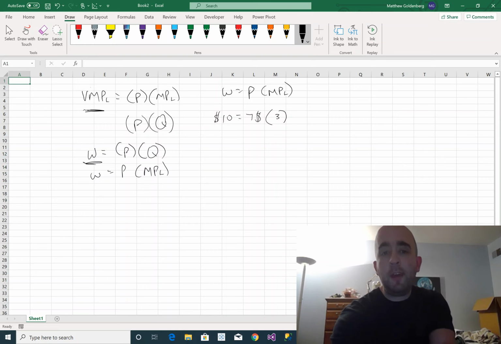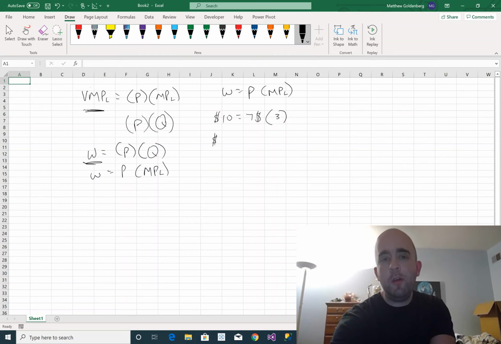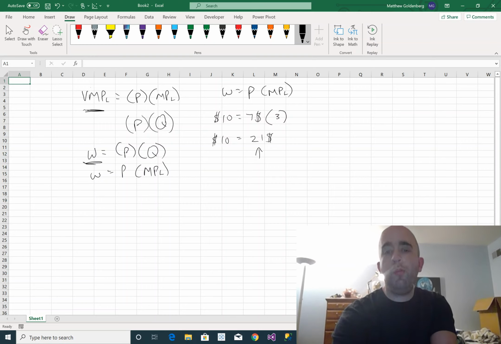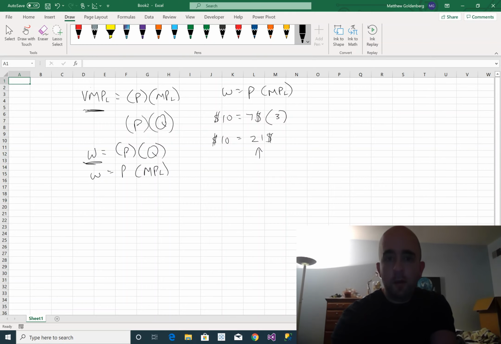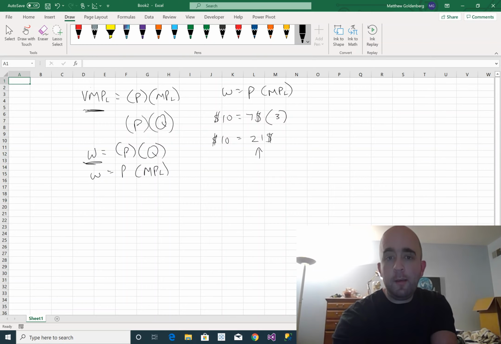So, excluding ancillary concerns, our worker is producing more value on the open market than what we're paying them, and the logic is that we would have to pay this worker more.